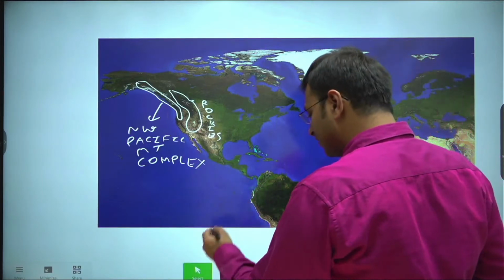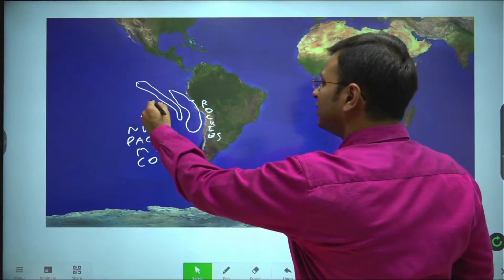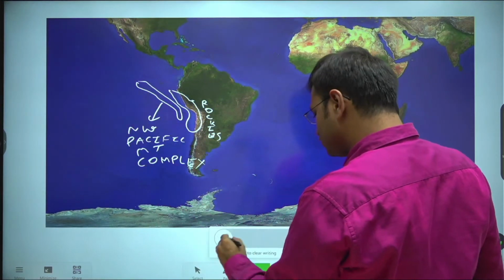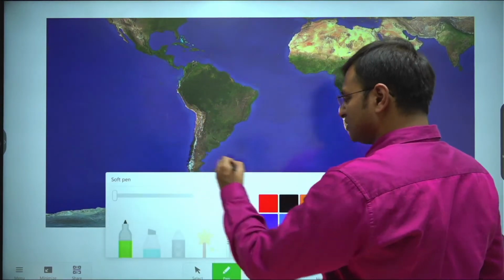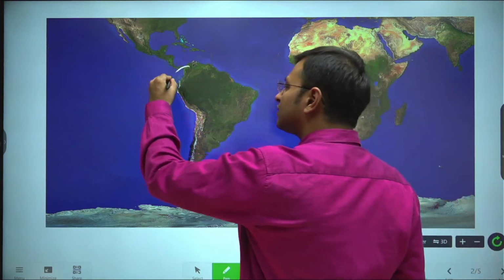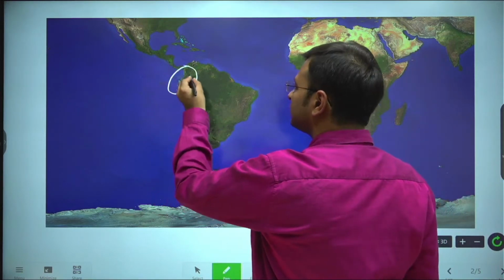Now let us divert our attention towards South America. This part of South America is where you have the Cordilleras.